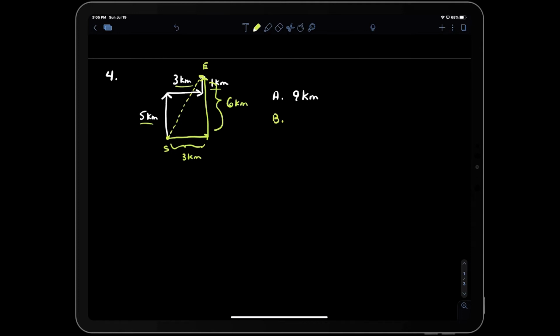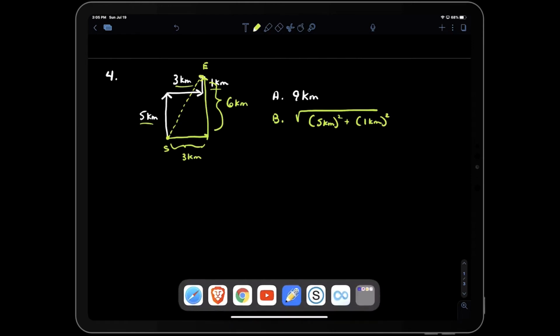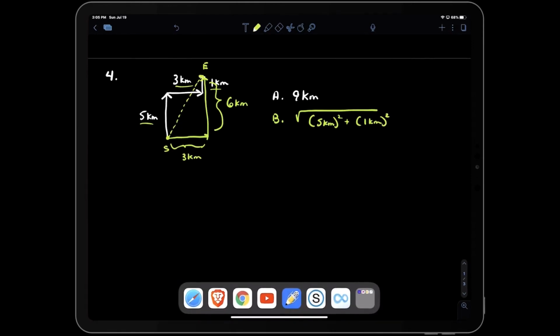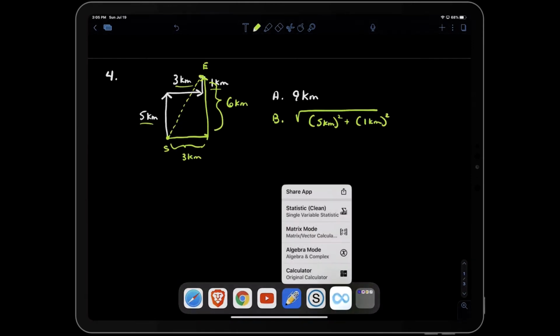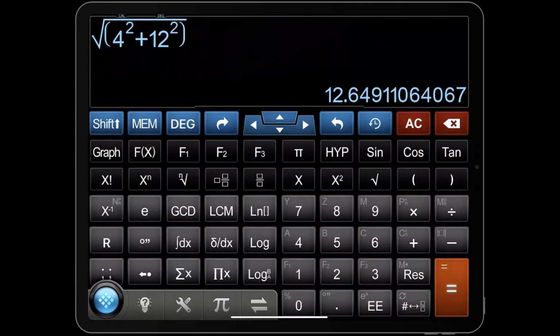So we'll use the Pythagorean theorem, where we'll take the square root of 5 kilometers squared plus 1 kilometer squared, and we will come up with, as soon as I get my calculator going, well, I guess it's going to be done a little quicker that time.